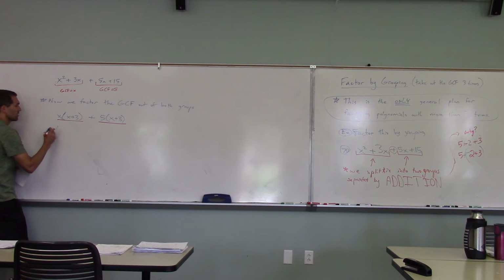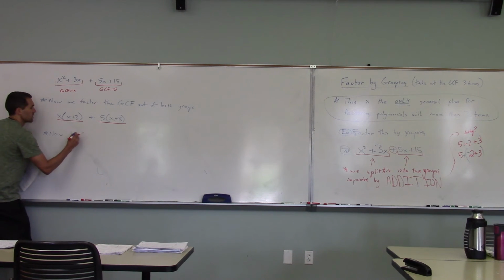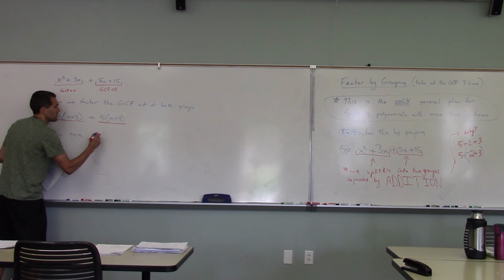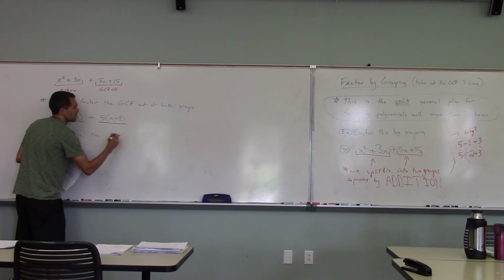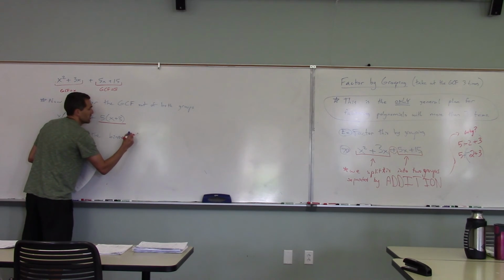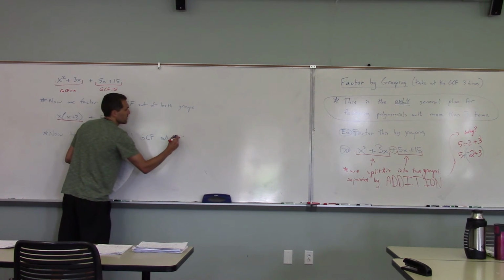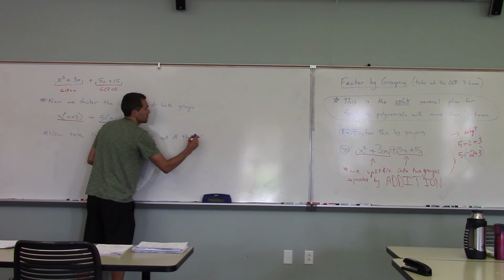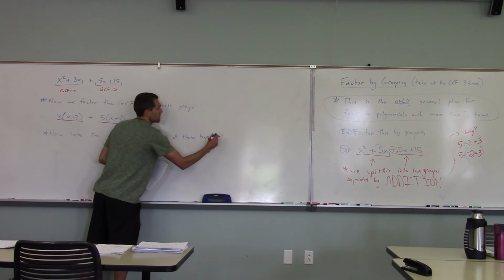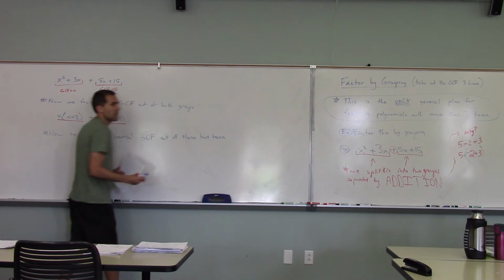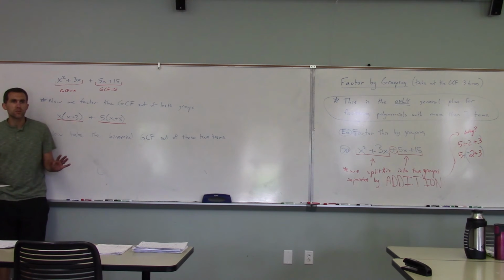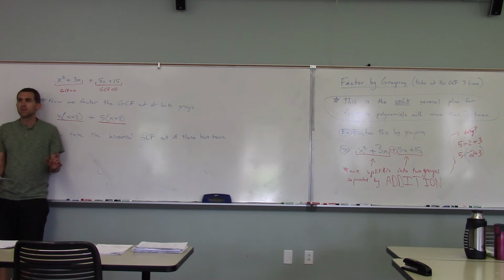Okay, now, take the binomial GCF out of these two terms. Okay, so as I said, all we're essentially doing with factoring by grouping is taking out the GCF 3 times.